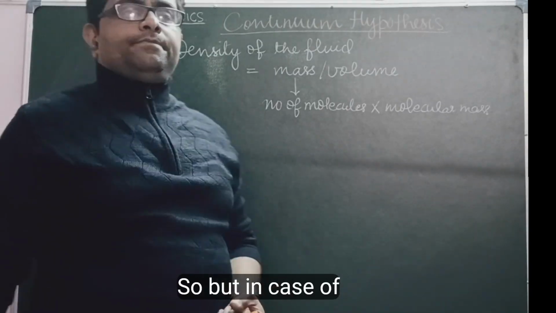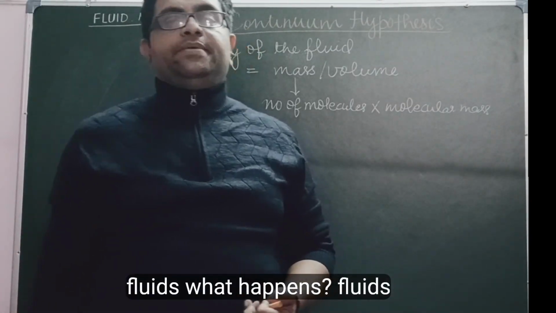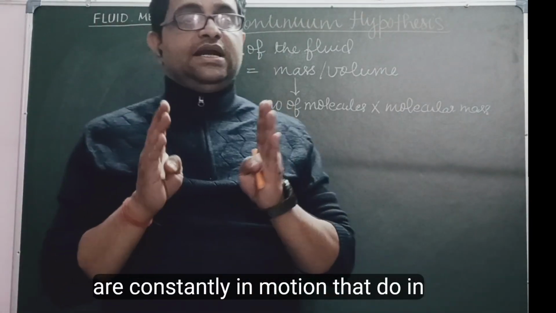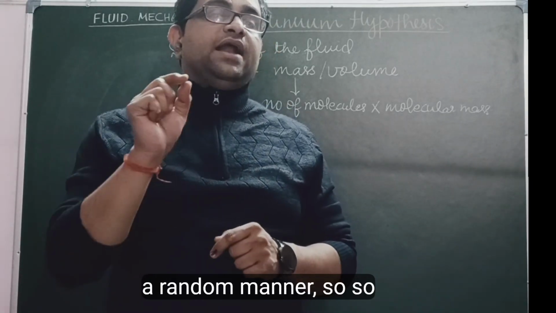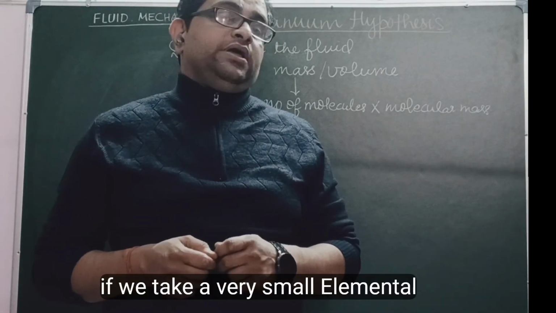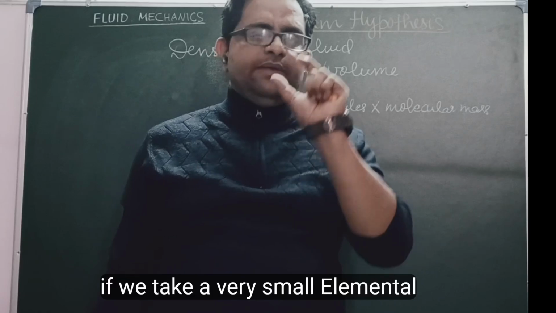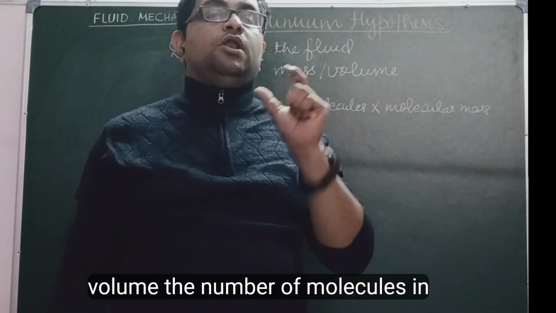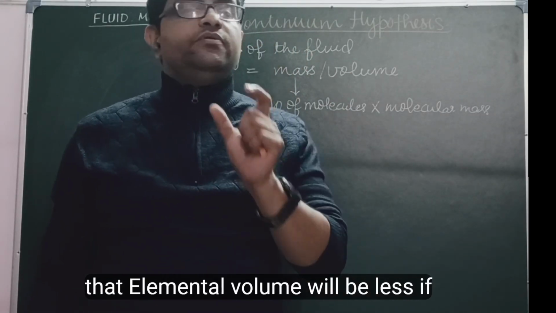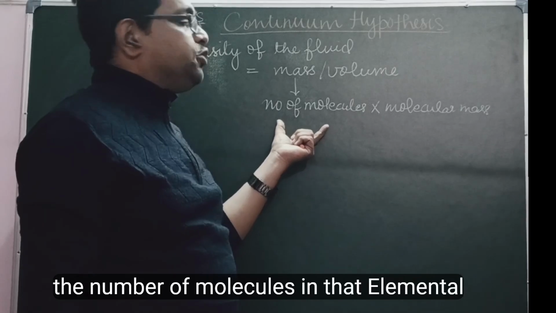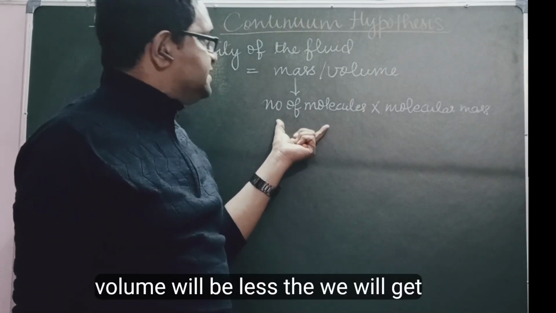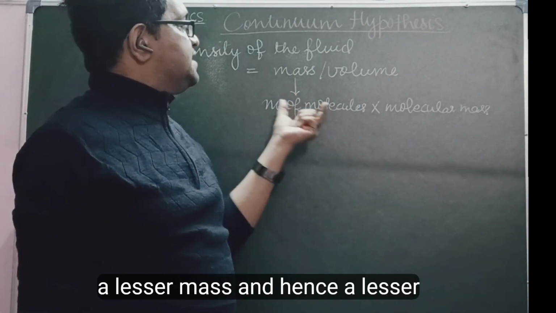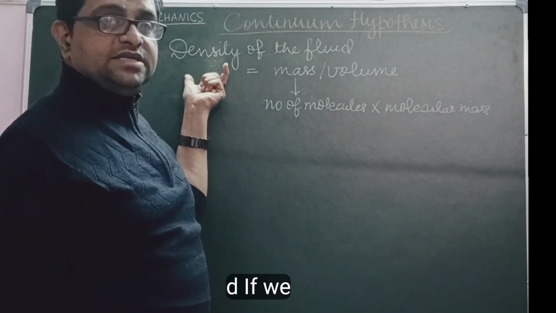But in case of fluids, what happens? Fluids are constantly in motion, that too in a random manner. So if we take a very small elemental volume, the number of molecules in that elemental volume will be less, and we will get a lesser mass and hence a lesser density.